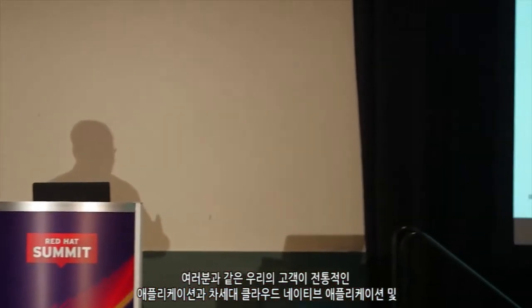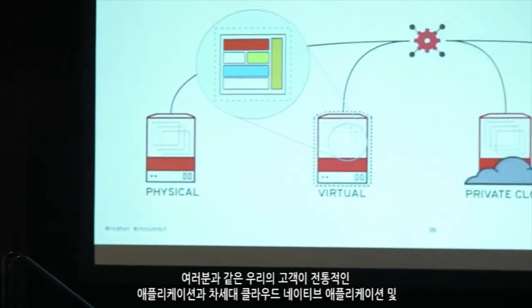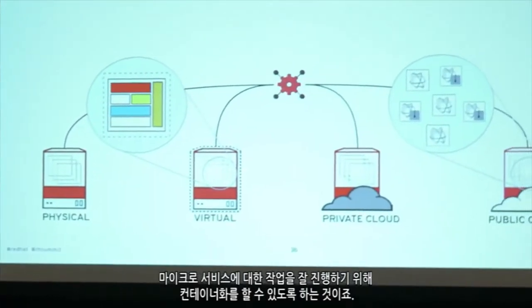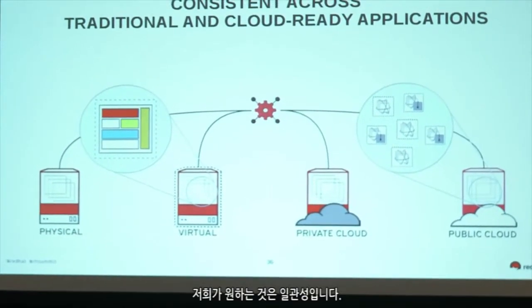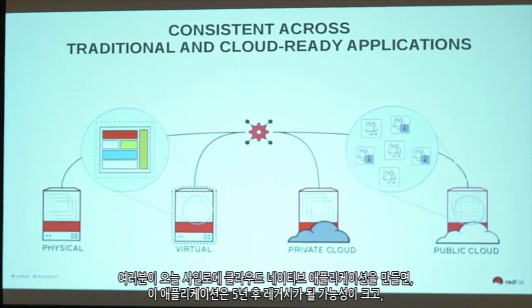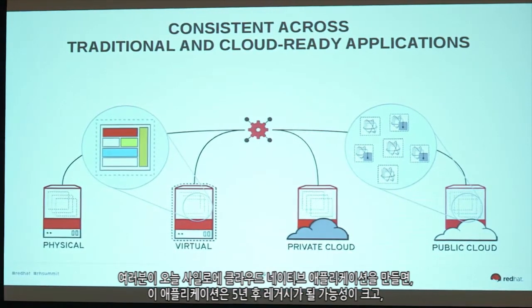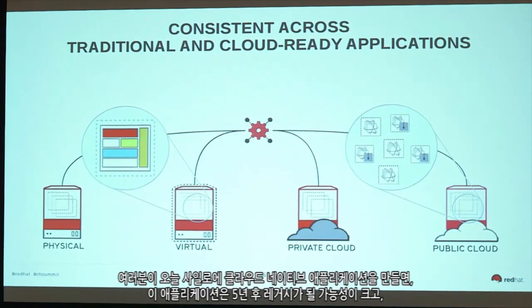The second thing I already touched on is that it is a design goal for us at Red Hat, actually for you as our customers, to enable containerization to work well for both the more traditional applications as well as the next generation of cloud-native applications and microservices. So we want to enable consistency. If you build your cloud-native apps today in a silo, this application is likely going to be a legacy in 5 years.